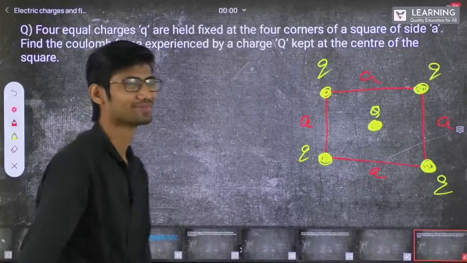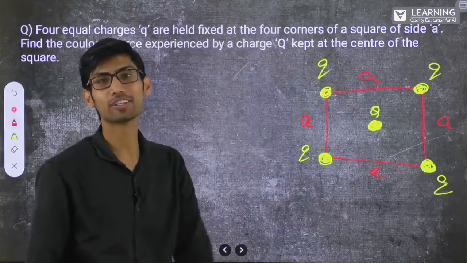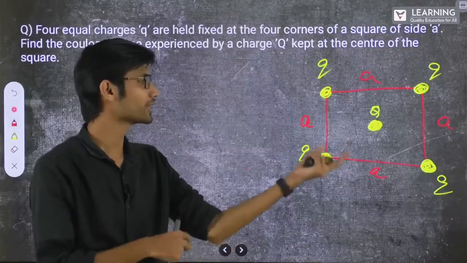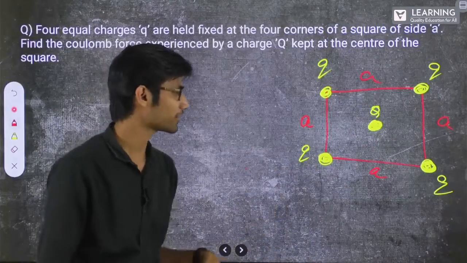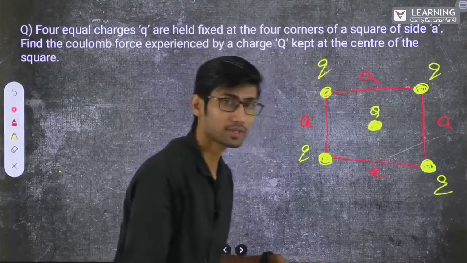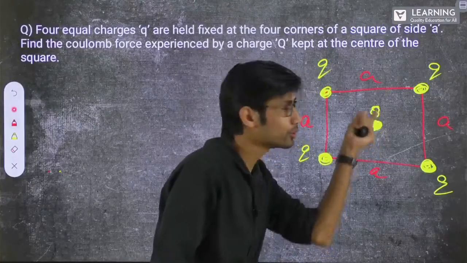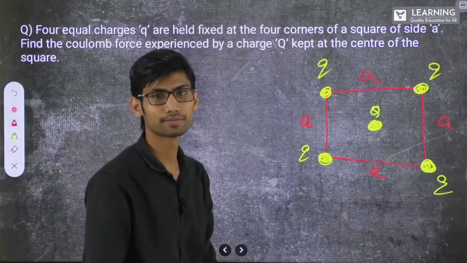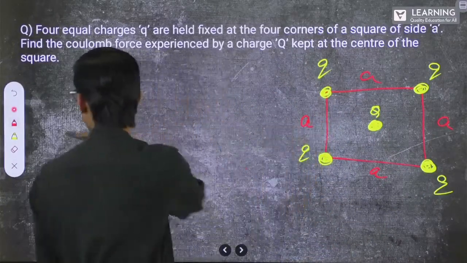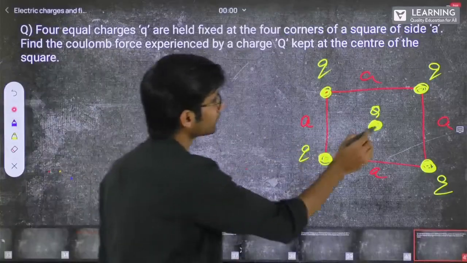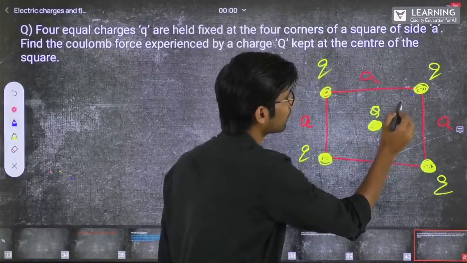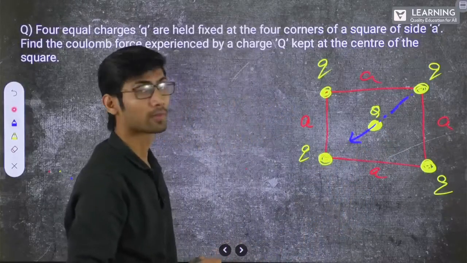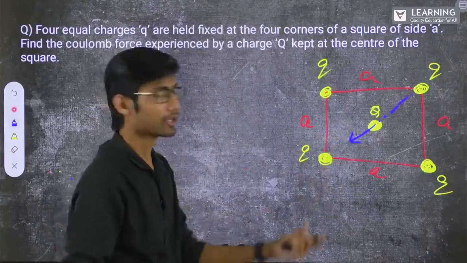Can you tell me? Some people can tell orally. This is just a 1 mark question. Let's try to find out. On this charge, forces will be due to all the four charges. First, the force on this charge due to this charge: along this line, and since both are positive, both are the same sign, it will be like this.